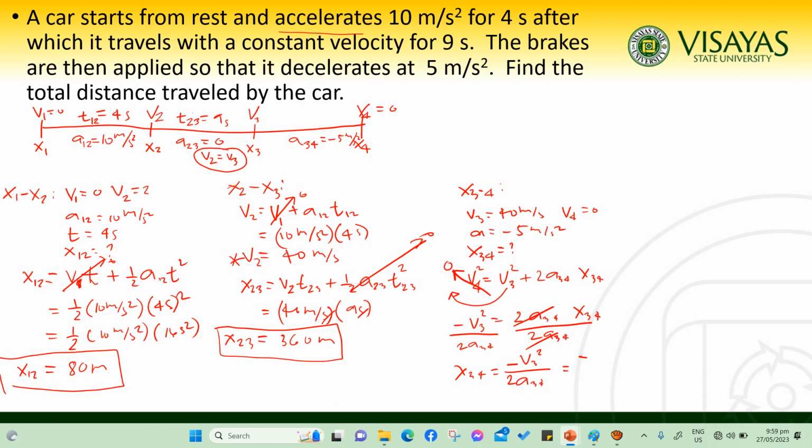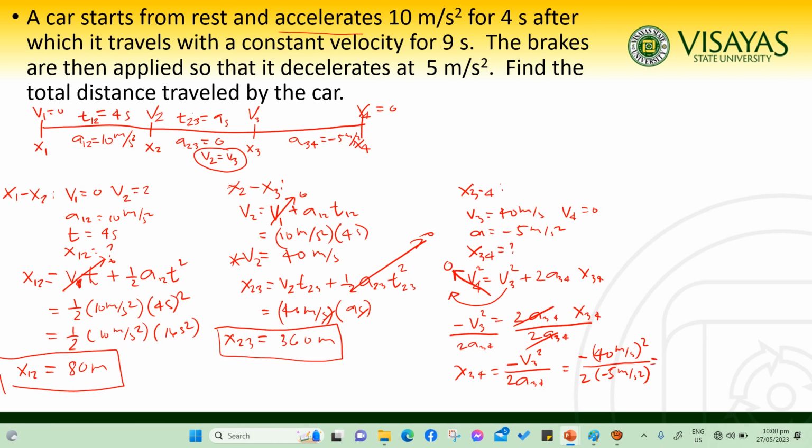Take note that you are not going to square this negative sign, only the value of v3, which is 40. So this is 40 meters per second, then square that quantity. Then 2 times, take note that a34 is negative, so you have negative 5 meters per second squared.